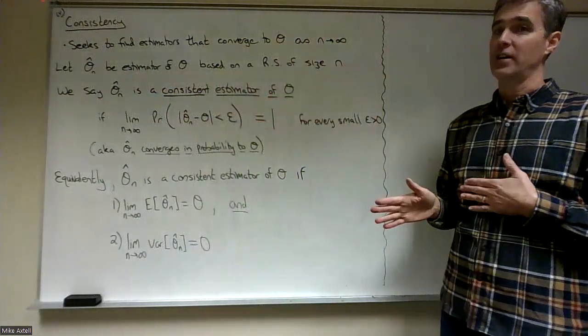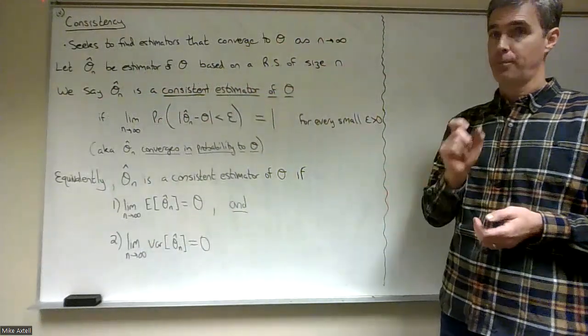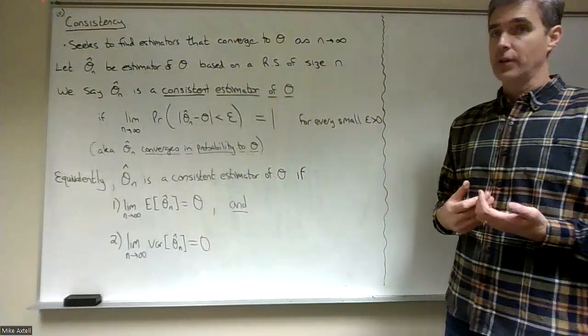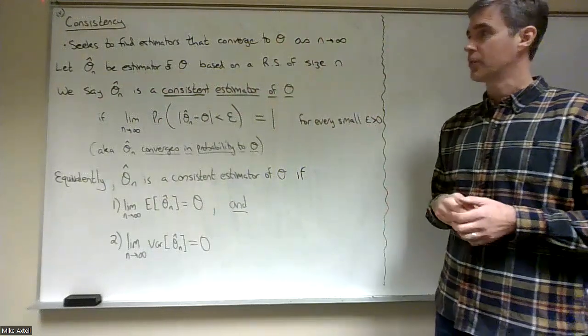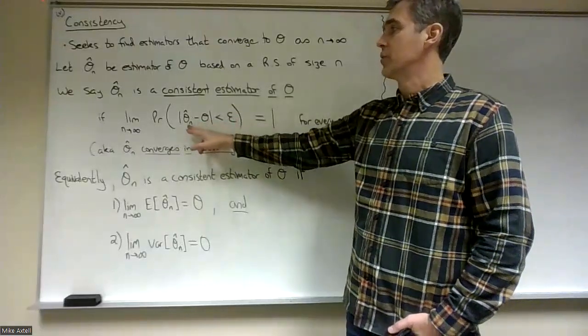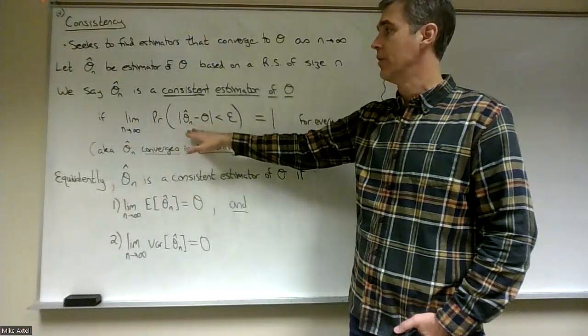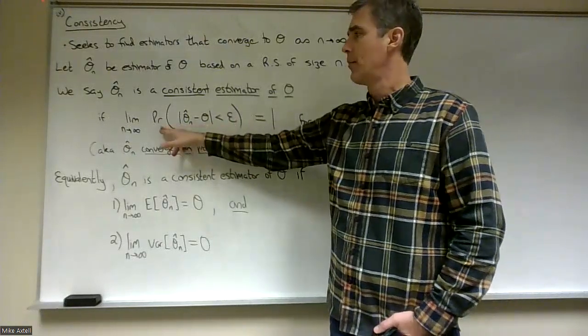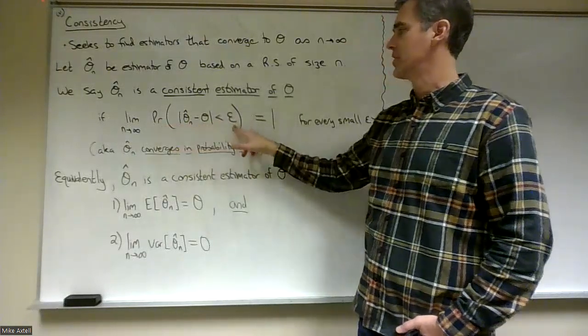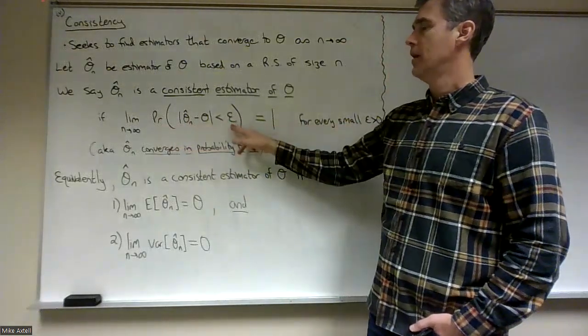We say theta hat sub n is a consistent estimator of theta if, essentially, as n goes to infinity, theta hat sub n equals theta. But in probability, equaling means close. So the way we calculate it is we take the absolute value of the difference between theta hat sub n and theta, and ask what's the probability that this difference is less than a small positive number, epsilon?